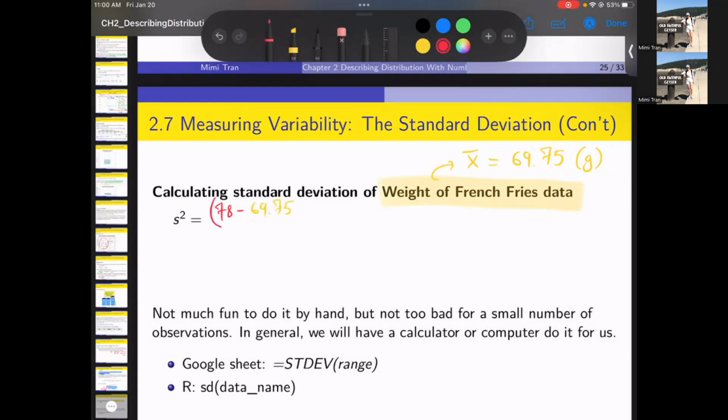You square it, and then you add another data point. The next data point is, I forgot already, 72, 69. And then 72 subtract 69.75, and then you square it, and then you keep going.